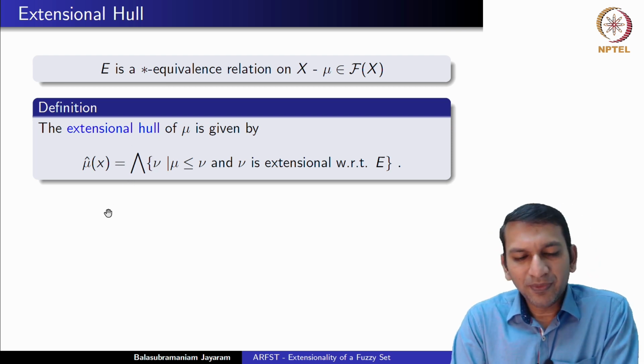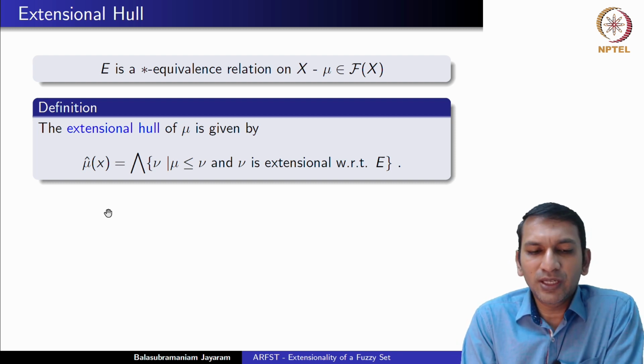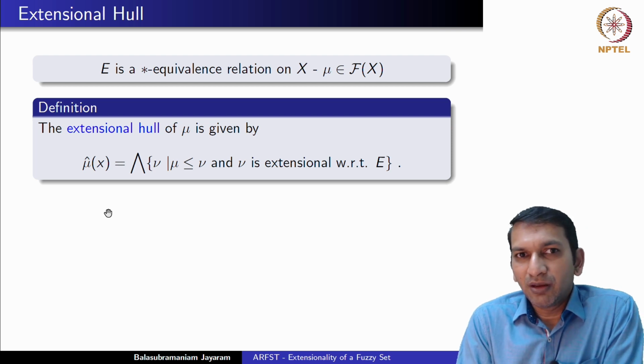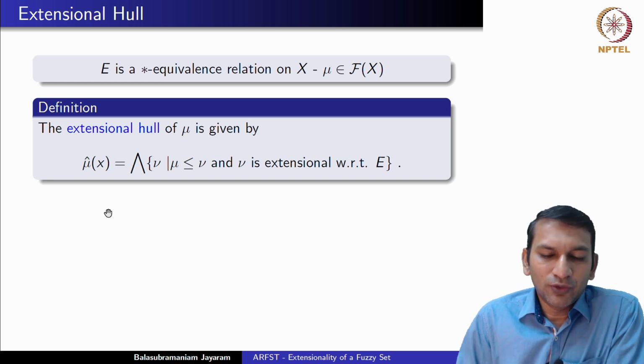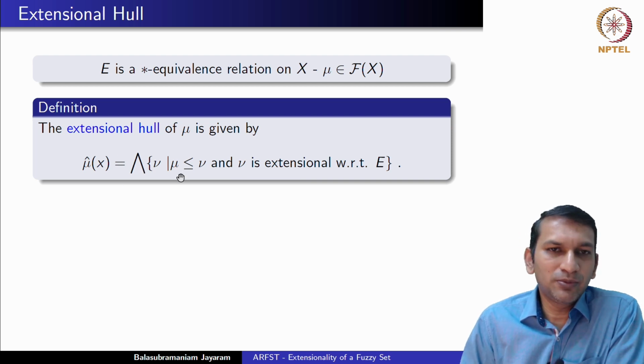So put another way, the extensional hull of mu, which we denote as mu cap, is the smallest extensional fuzzy set which contains mu. So first of all, it should be extensional with respect to E, it should contain mu, and it should be the smallest one, so the infimum of all of them.